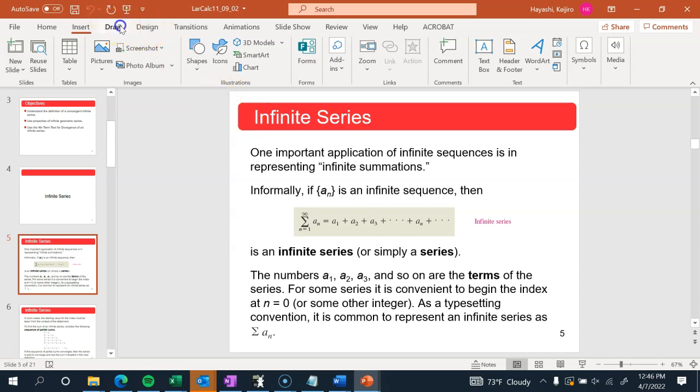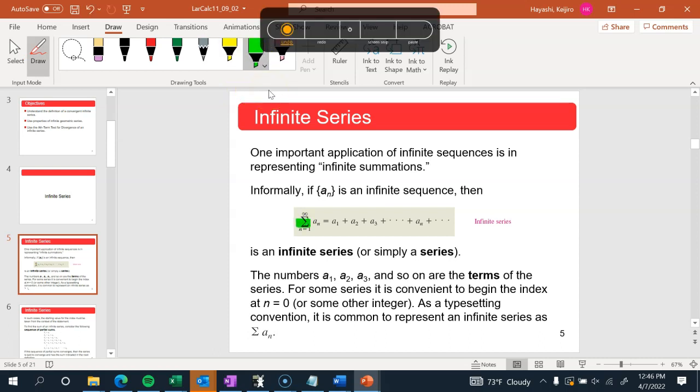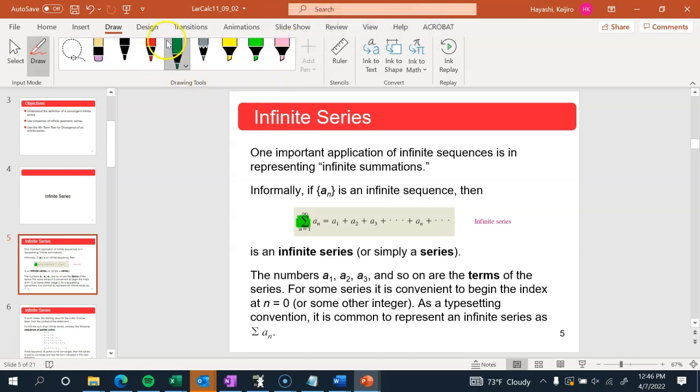So the notation for a series is this sigma, which is the Greek letter analogous to the Latin letter S, which we use for summation.